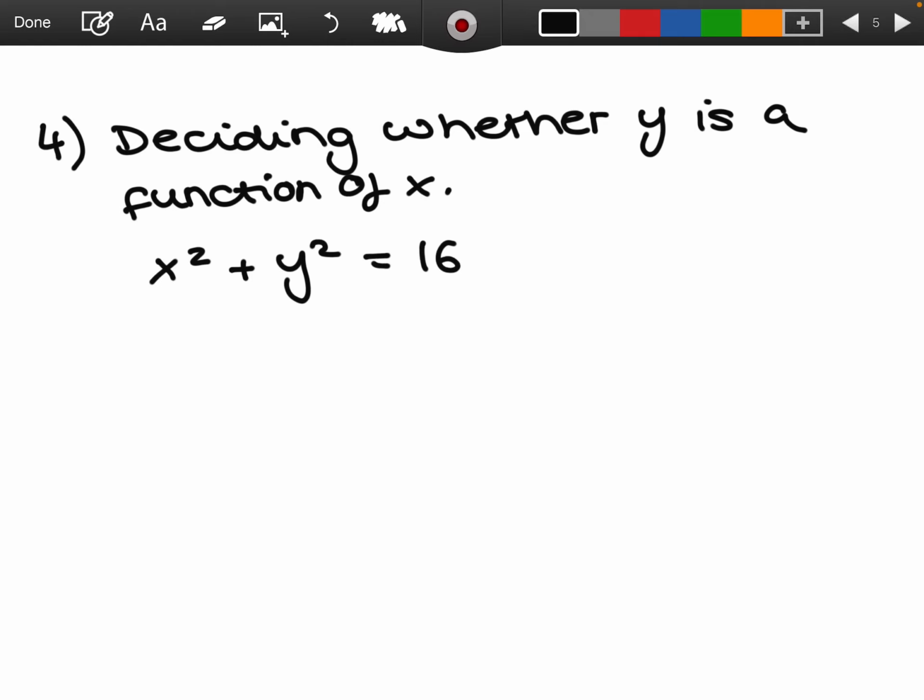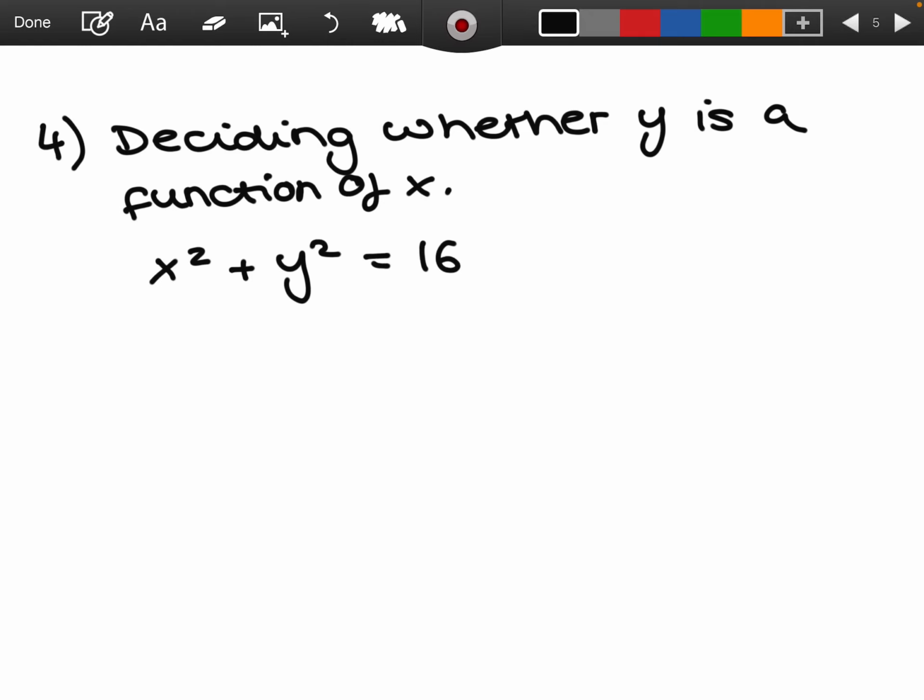From what you're used to, you see equations like this, you would probably think, yeah, sure, that's a function. But given our definition, we actually have to do some manipulation here to see if that is true. The goal here is to see if you can make y a function of x.